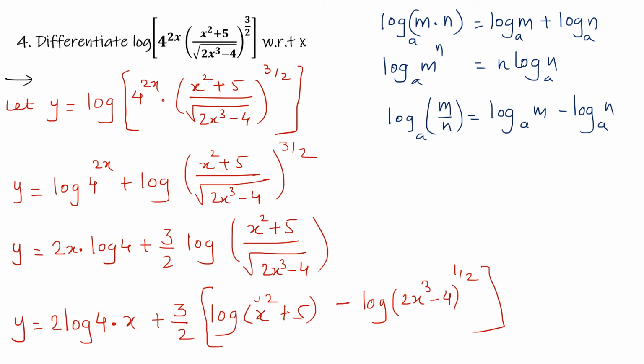In the next step, this further can be written as y is equal to 2 log 4x plus this 3 by 2 I'm keeping same.